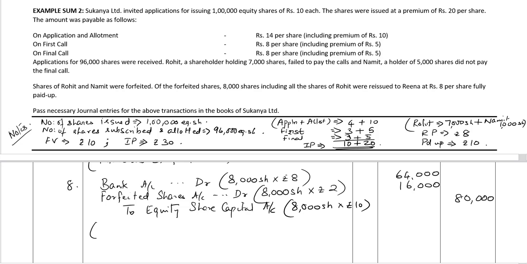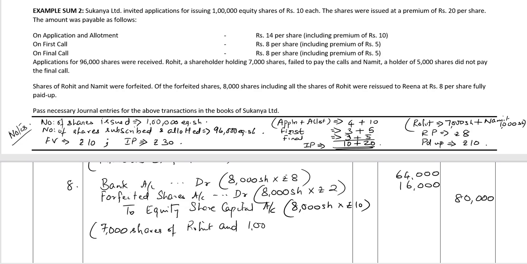Narration: 7,000 shares of Rohit and 1,000 shares of Namit reissued at rupees 8 per share.